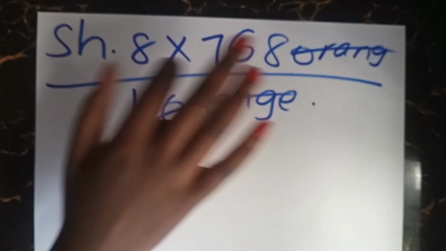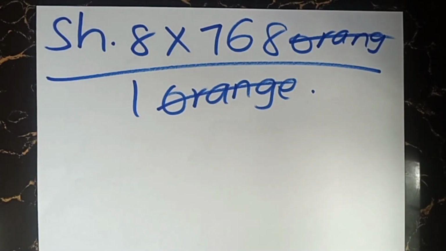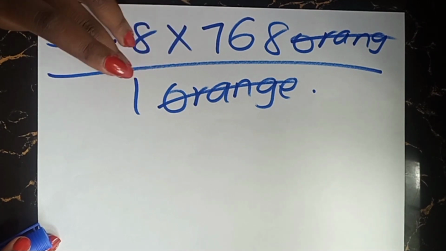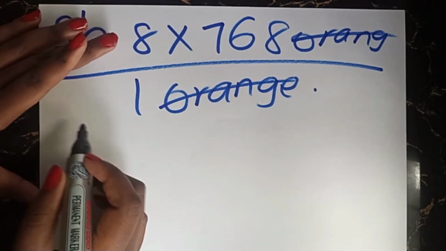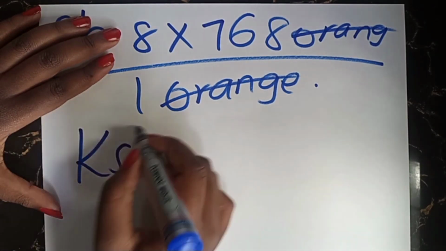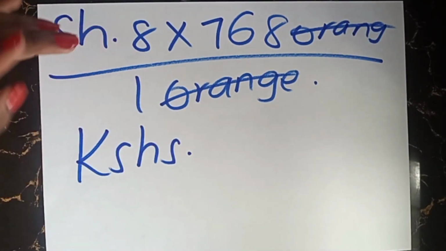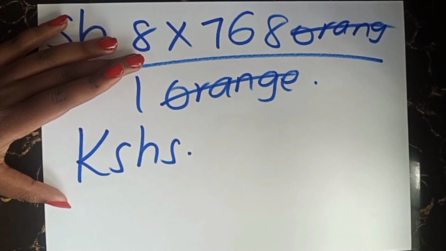Now we have this times this, okay? So what do you do when you multiply this and this? You get 8 times 768, which is Kenya shillings.